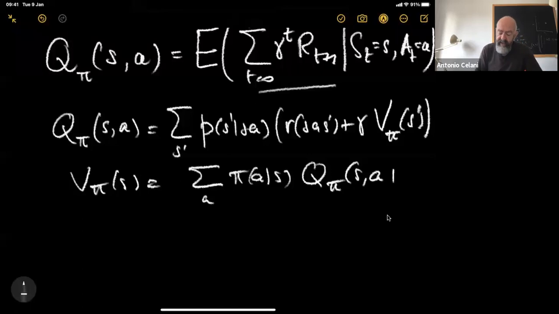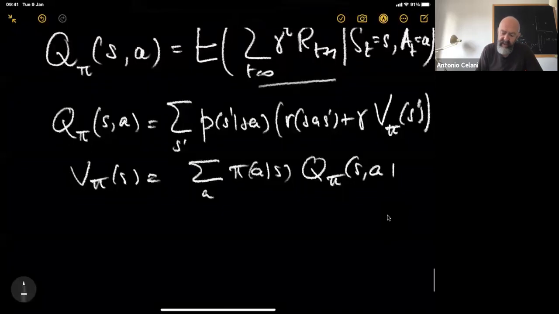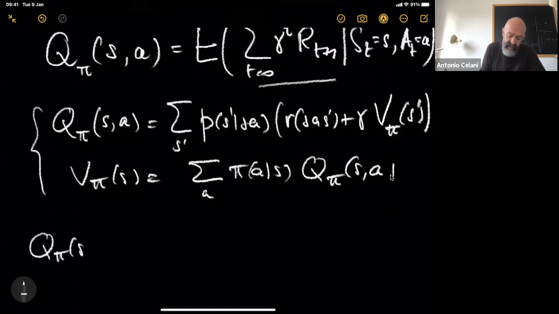So just to complete the full picture and see the two things at work, one beside the other, the first thing that one has to realize is that if we combine these two equations together and we replace the value function here for its explicit expression, which is present here, then we can write the following relationship.